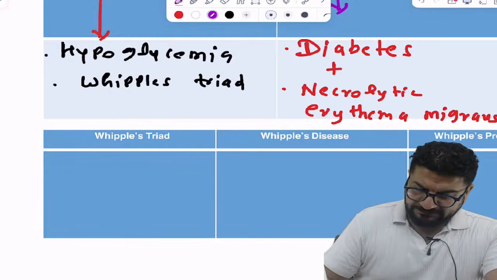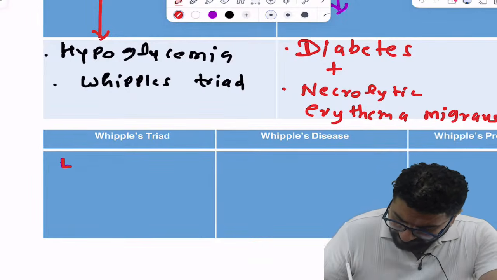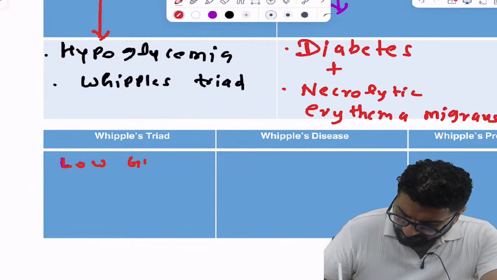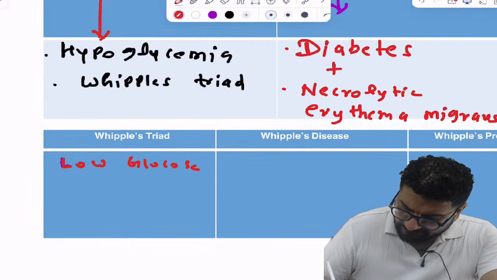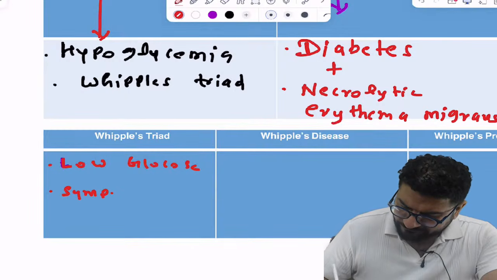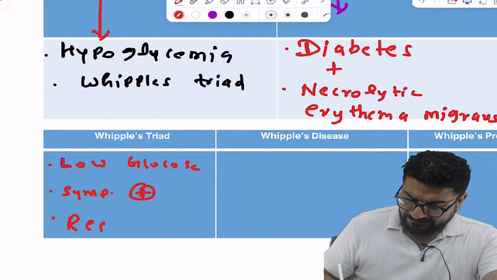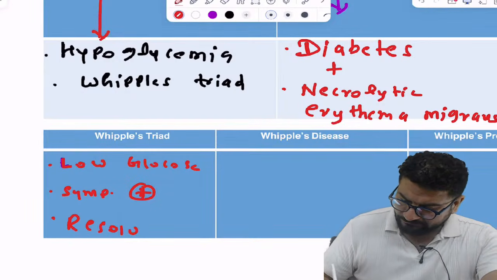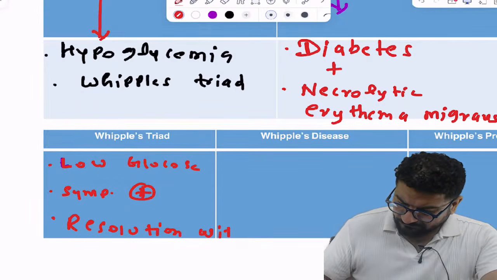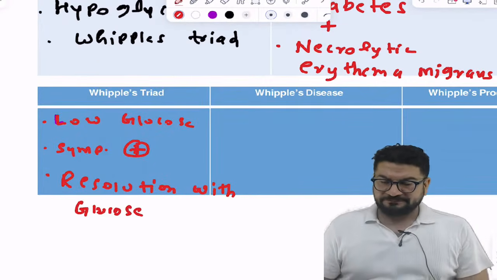The patient will have low glucose. Then you can notice the patient will have symptoms of low glucose, hypoglycemic symptoms, and these symptoms will resolve when you give glucose. We call it Whipple's triad.